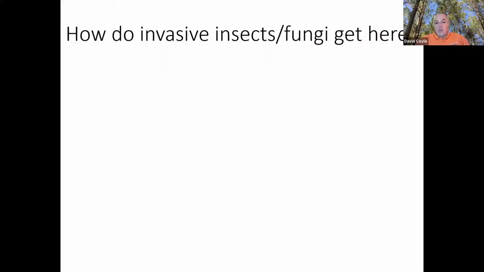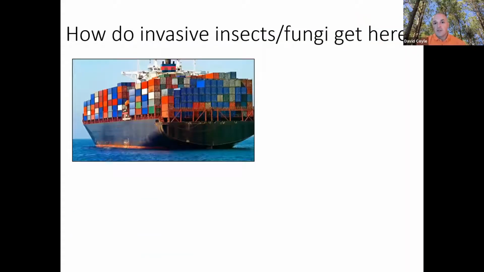So with that, how do they get here, right? I think most of the stuff, especially the insects and fungi, are going to get here accidentally, shipping, right? In a few cases, sure, we have brought biocontrol agents over and that has gone awry. But in most cases, a lot of the non-native and invasive insects and fungi we have come from shipped materials.